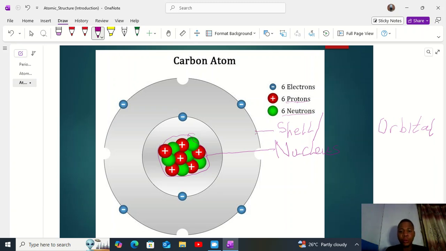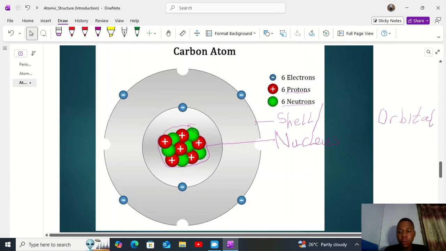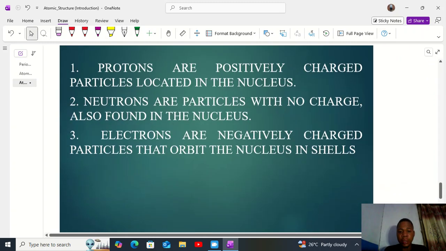So the protons and the neutrons are located at the center of an atom called the nucleus, while the electrons are revolving, rotating along the shell. The shell is a circular imaginary path. I believe you're following. So let us talk about what the protons, neutrons and electrons are.